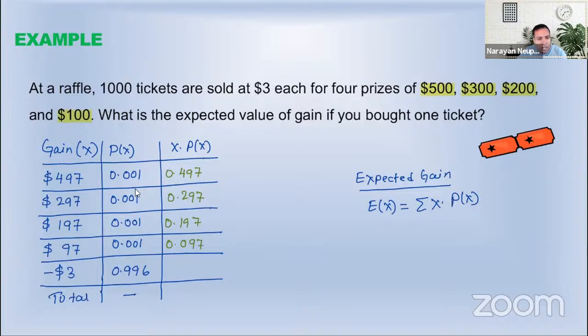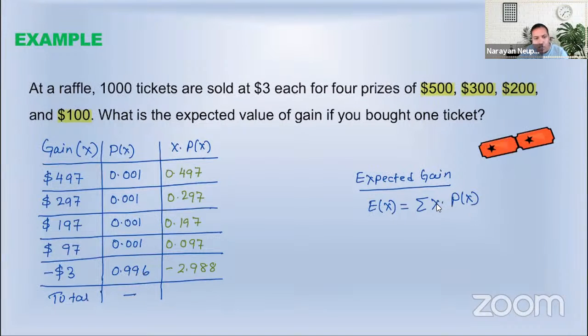All values are positive so far, but the last one has a -3. So -3 times 0.996, that will be a negative 2.988. Make sure you check it. Negative, because one of them is negative, and 3 times 0.996 is 2.988.